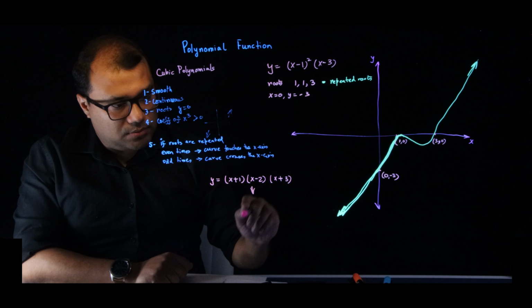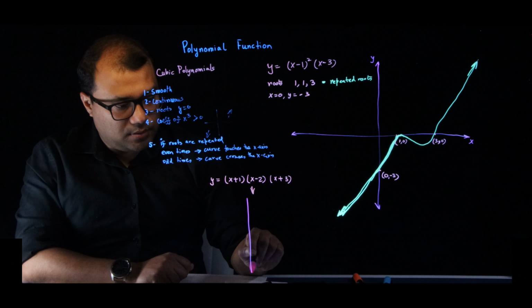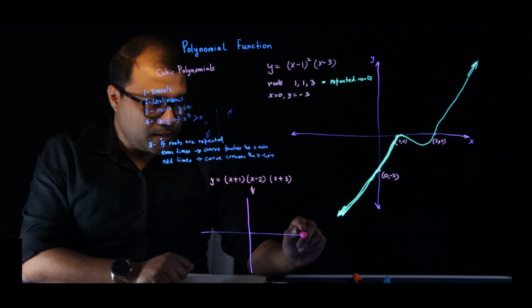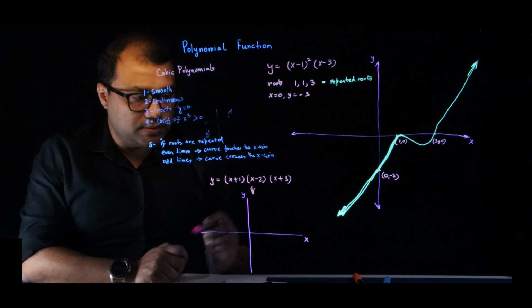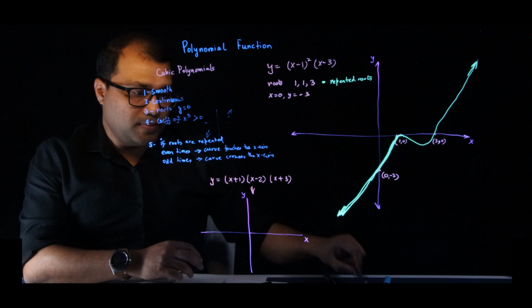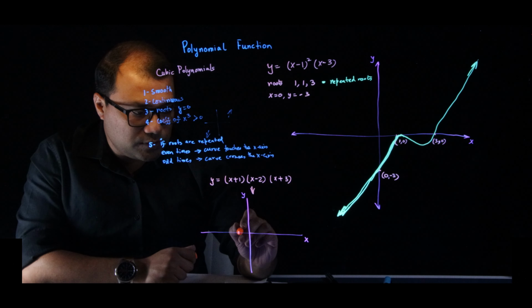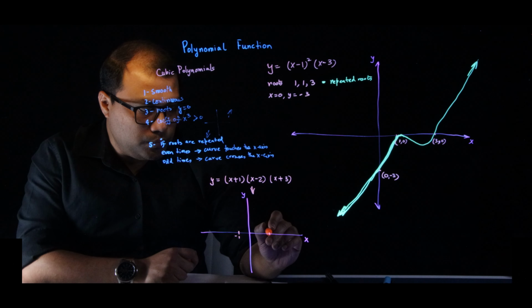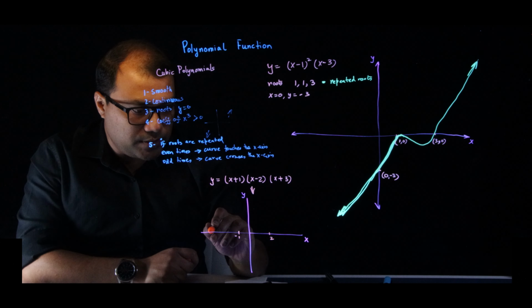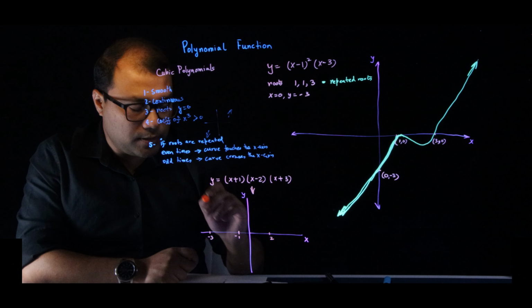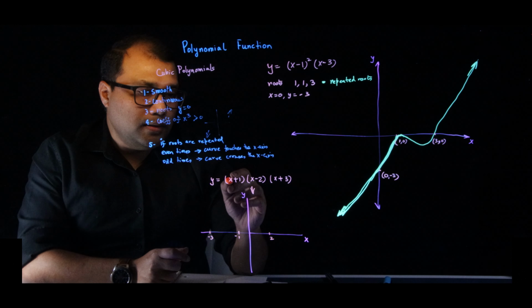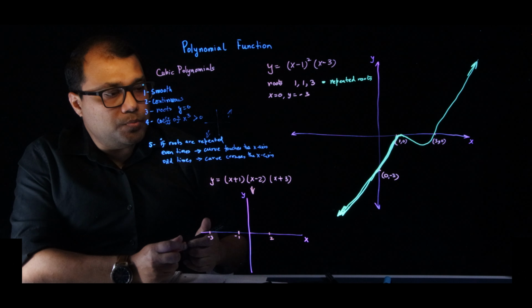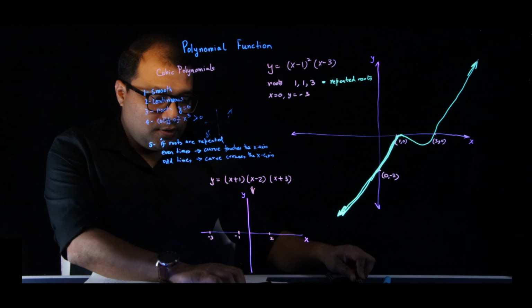Let's use this space and try and do it. x-axis, y-axis. What are the roots? Roots are -1, 2 is another root, and -3. Coefficient of x cube is positive.